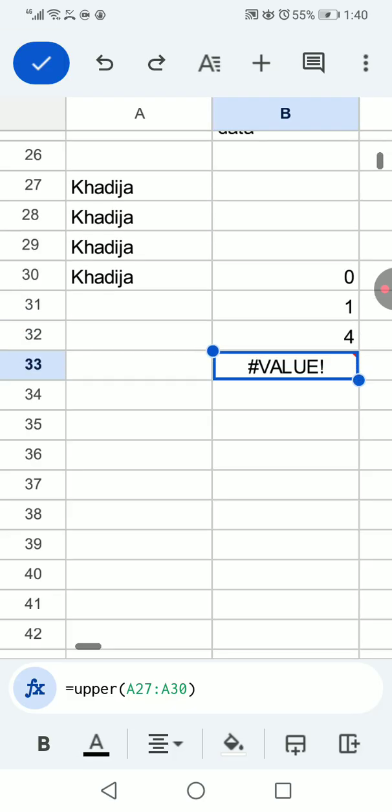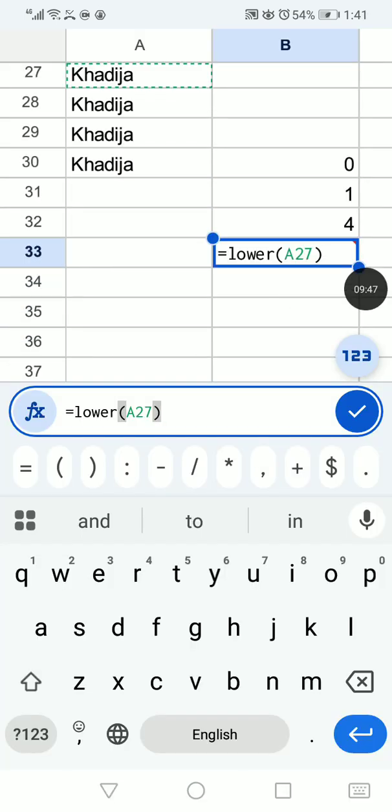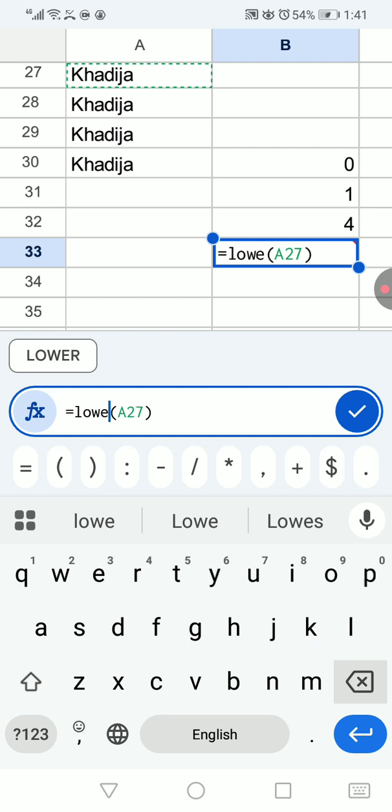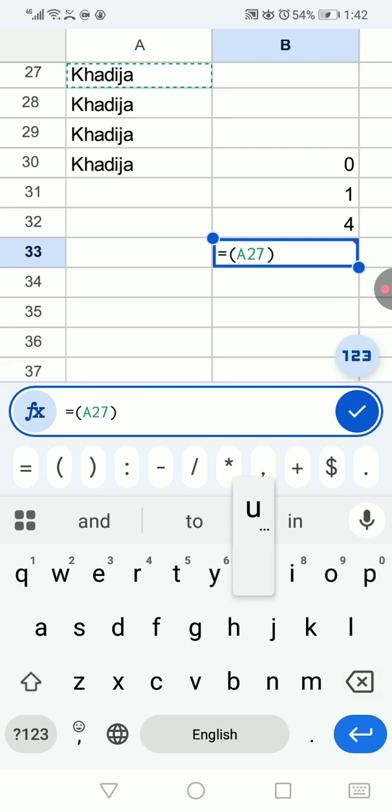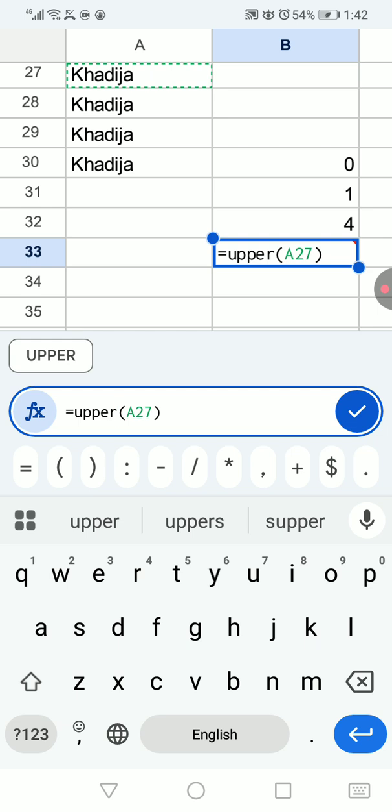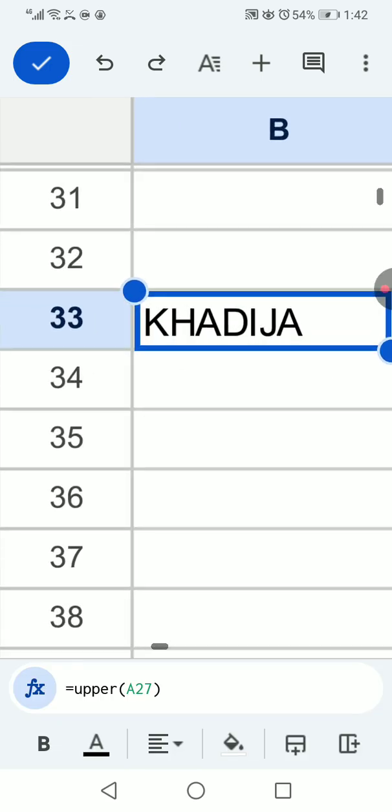So over here, as you can see, Khatija was written in small letters and you can put it into upper letters. So over here you will write UPPER, and this Khatija would be automatically converted into upper letters. Here you can see your result.